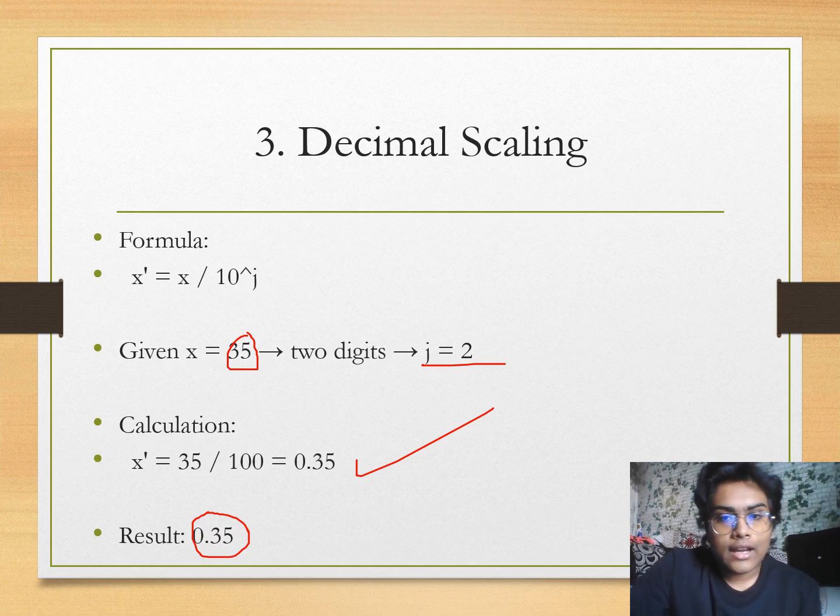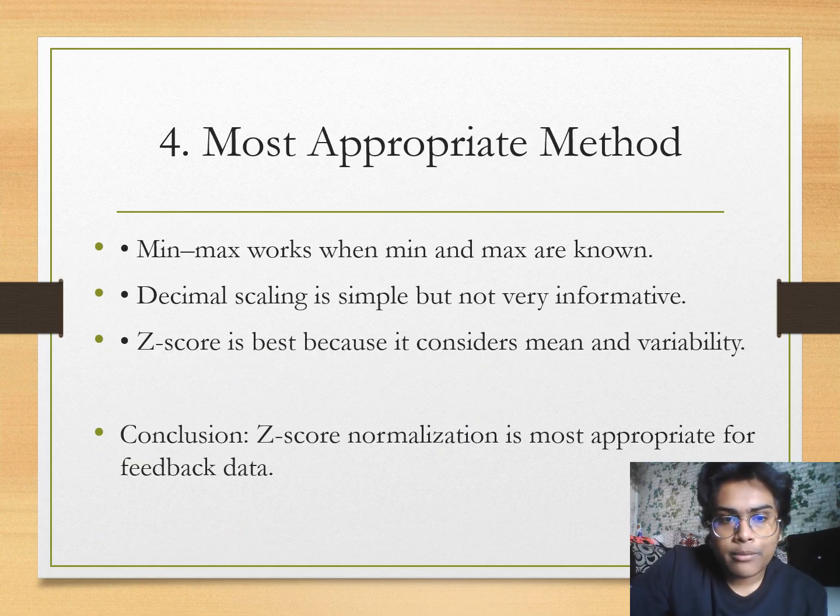As you can see, after applying these methods the result is decreasing: first we have 0.5, then 0.35. Now let's decide which is the appropriate method for this data. Min max only works when the minimum and maximum values are known, and decimal scaling is simple but not very informative.